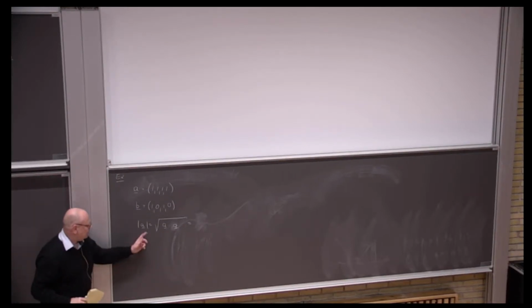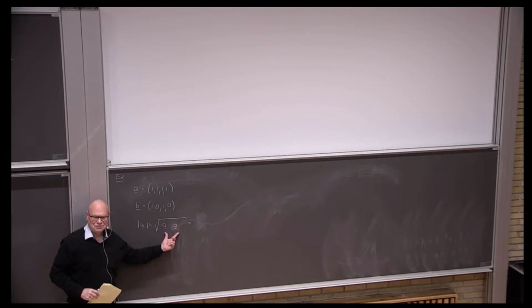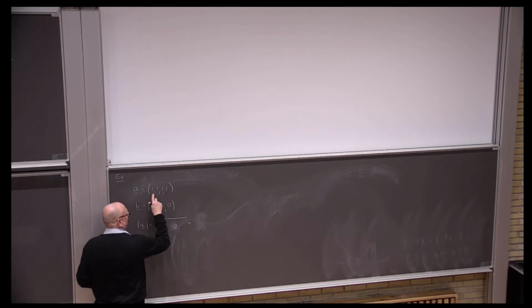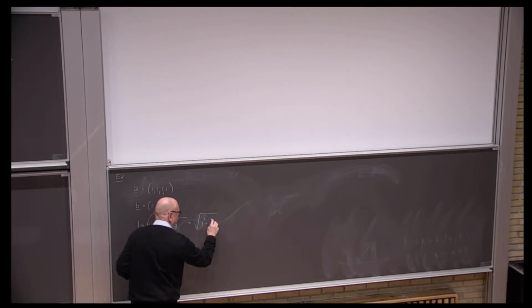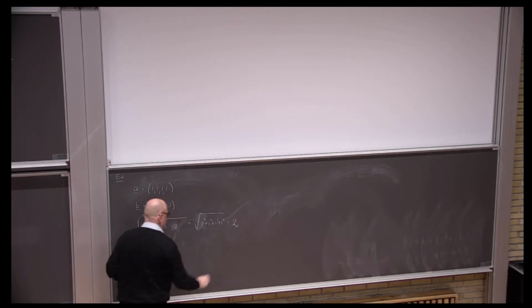Of course, if it is the length of A, then it will be the square root of A dot A. And this will be 1 plus 1 plus 1 plus 1. And this is the square root of 4, and this is equal to 2.